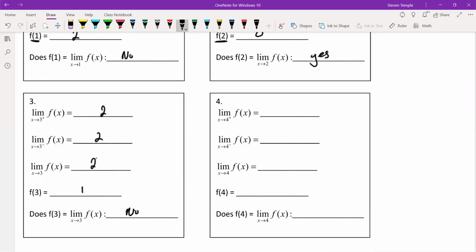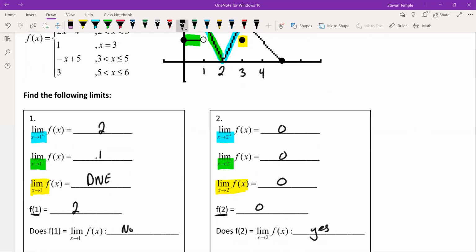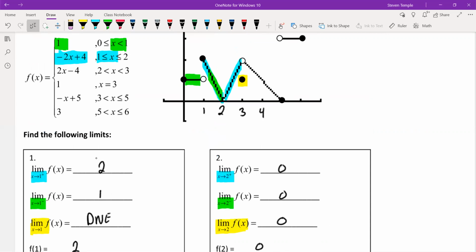Okay, let's take a look at 4 as we approach 4. This one doesn't have an overemphasized dot like I did in the other ones, but it doesn't really matter. They're all a bunch of little dots. If I look to the right side of 4, it's going to be a 1. The left side of 4 is also going to be a y value of 1.